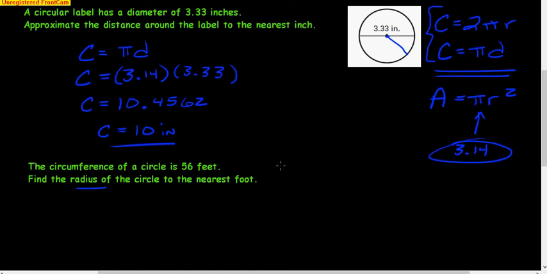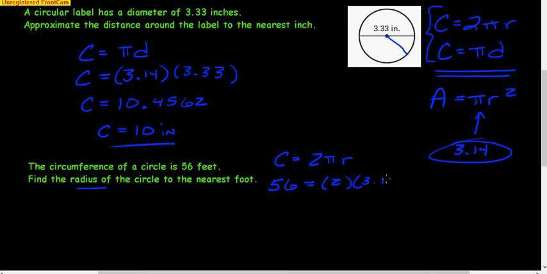I'm going to take the one with radius. This might have a little more work to it, so I'm going to put this one right over here. I'm going to start with 2 pi r, and plug in what they give you. They give me that the circumference is 56, so that goes in for the C. And I've got a 2 there, that's already there for me.